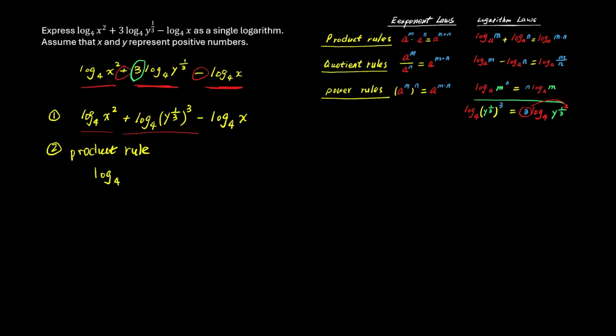So we have log base 4 of x squared times the argument of the second term. We still have this third term, which is log base 4 of x. Now you see we have one log expression minus another log expression, so we can use the quotient rule to combine these logarithms.